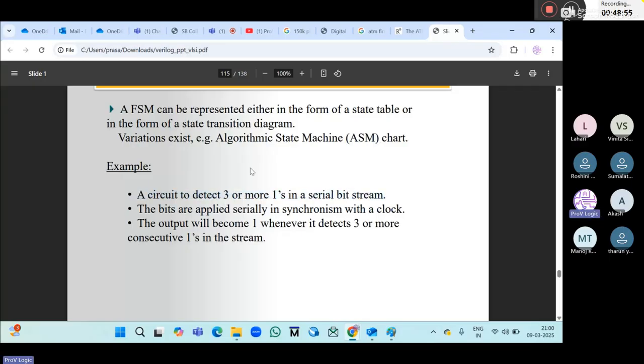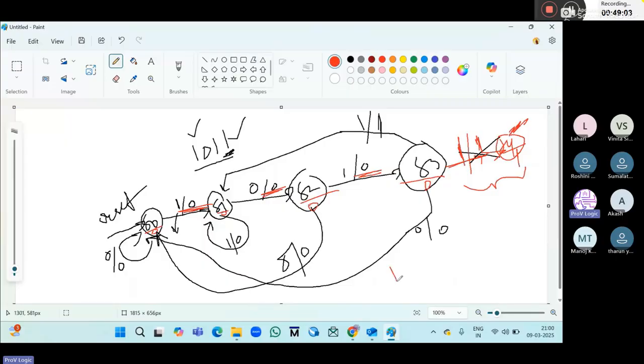It will detect 3 or more ones consecutively, like 111, 0, 1, 1, 1, 1, 1, 0, 0, 0, 1, like this. So here it is detecting 3 ones.